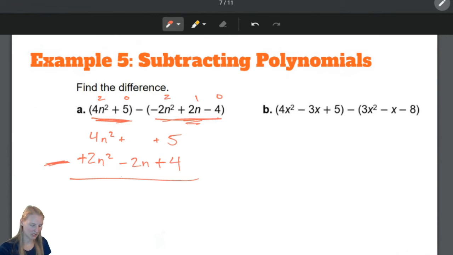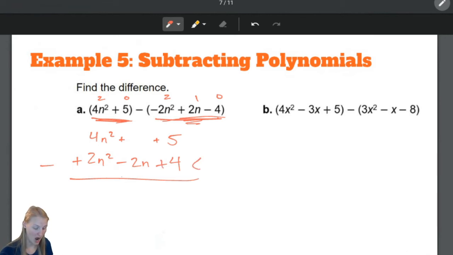So basically, when you subtract polynomials, so, okay, let's go back a couple steps. Negative 2n squared plus 2n minus 4. Basically, when you subtract polynomials, you change all the negatives to positives, all the positives to negatives, all the negatives to positives.